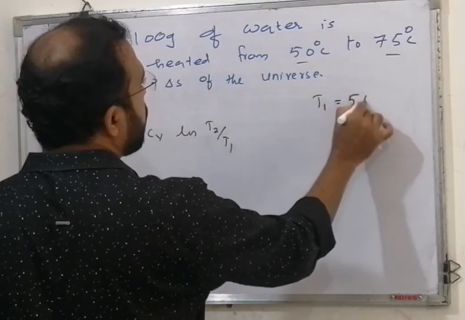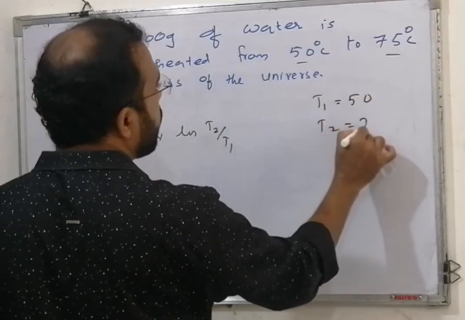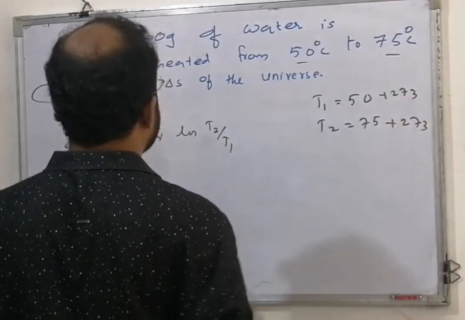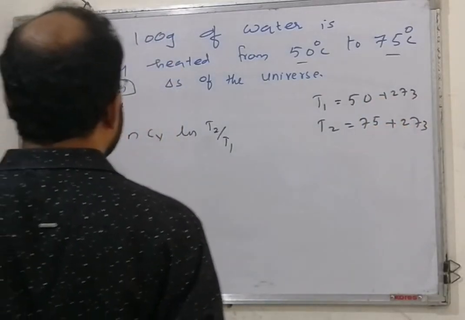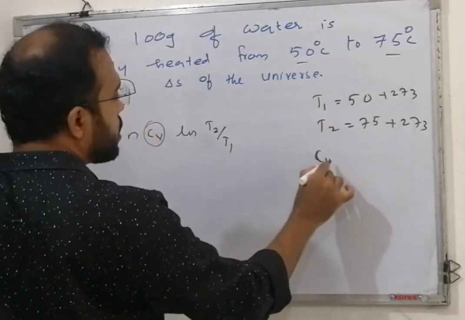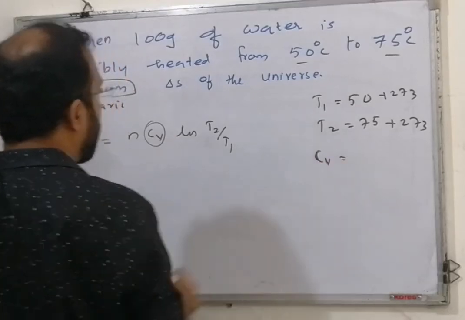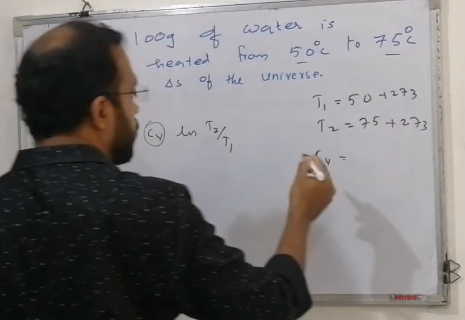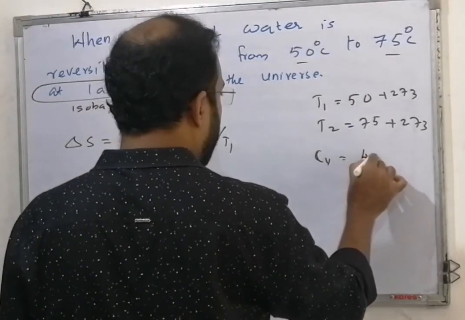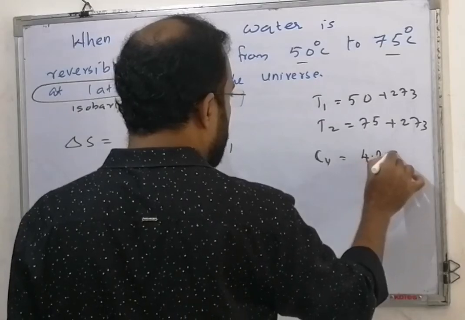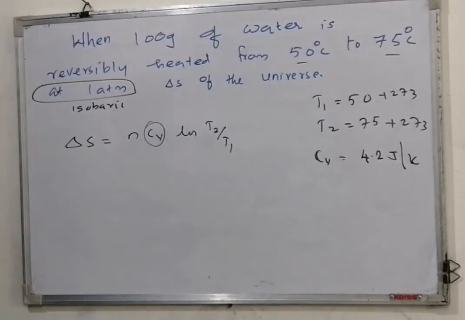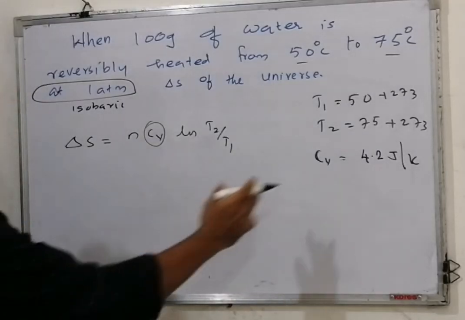T1 is equal to 50 plus 273, and T2 is equal to 75 plus 273. For water, the specific heat capacity in joule is 4.2 joule per Kelvin, 1 calorie per Kelvin, in terms of joule. This is the value of C.